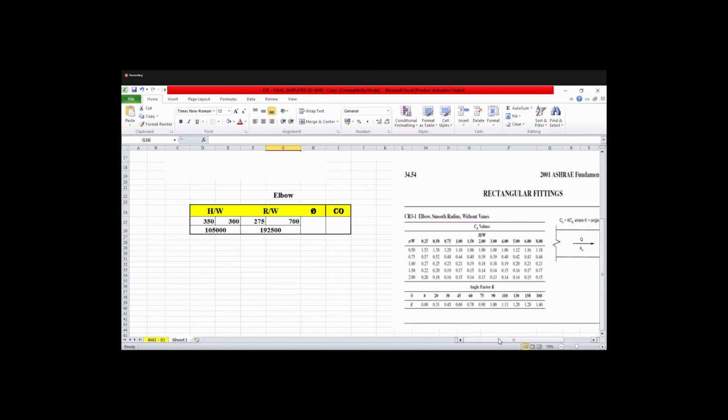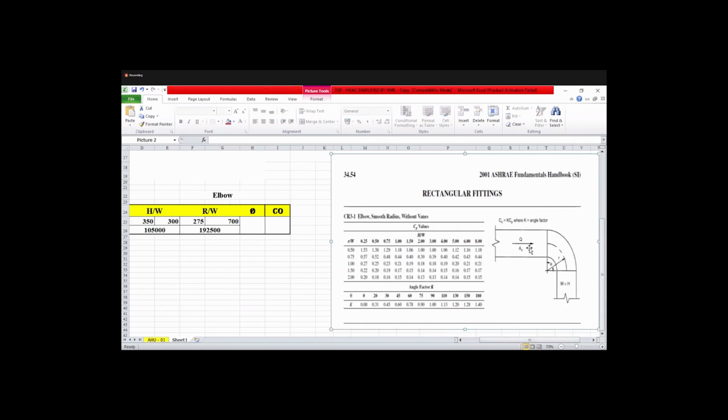This is taken from the 2001 ASHRAE Fundamentals Handbook for the elbow. You will get this, or I will send all this document to everyone by mail. So this is for the rectangular fitting elbow.